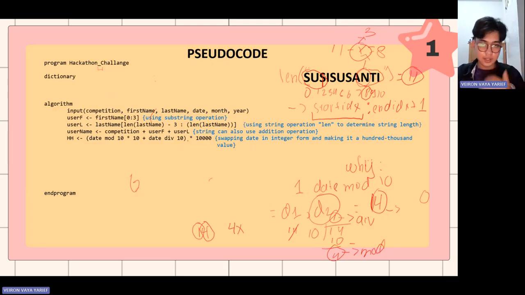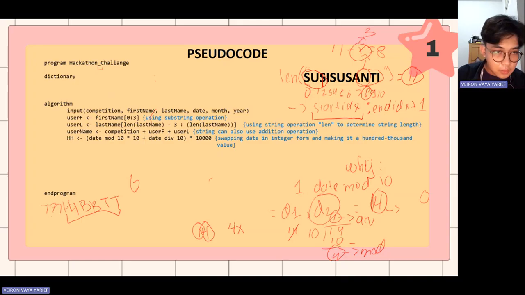This is the unique one. So if you remember the question, it says that it will be 777HHBBTT like this, right? If you read from H to T, it will be 1, 2, 3, 4, 5, 6.